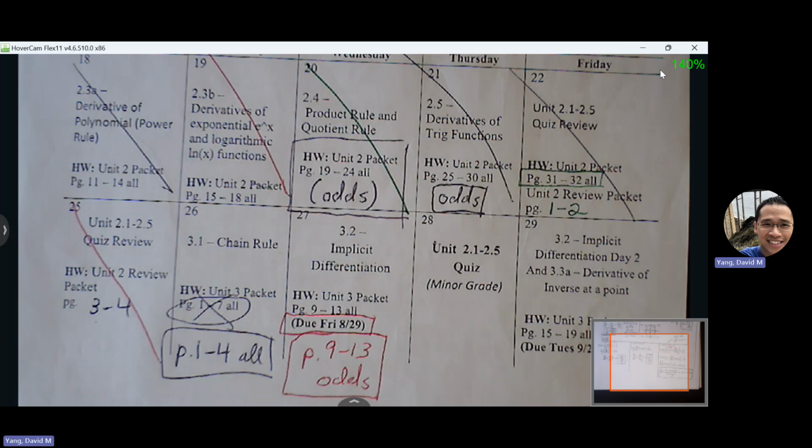Chain rule. And then it's just 2. But if you left it up top, it'll still work.